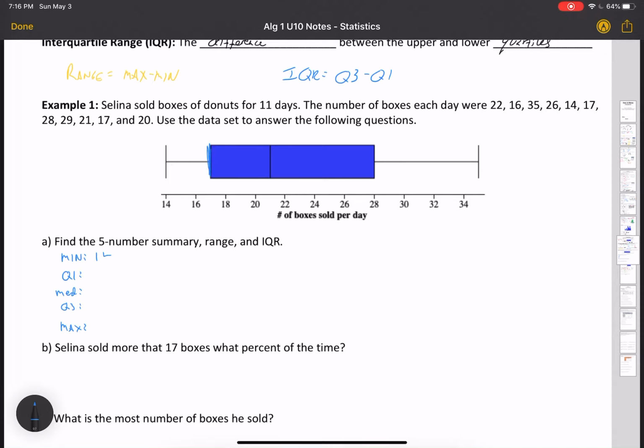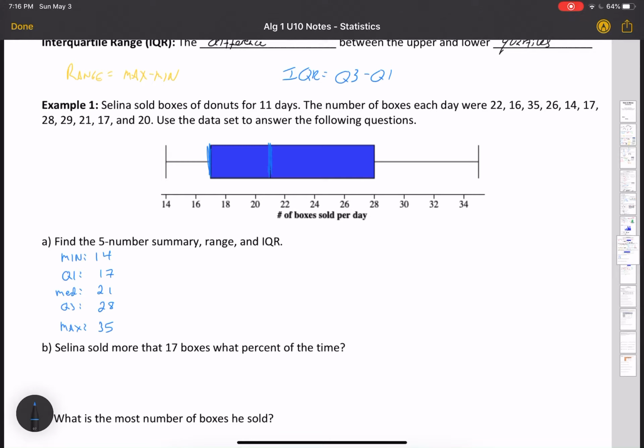Q1 is in between 16 and 18, so that's going to be 17. The median is in between 20 and 22, so that's going to be 21. Q3 is 28. The maximum is 35.